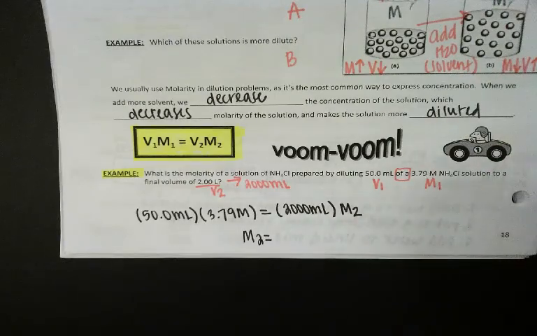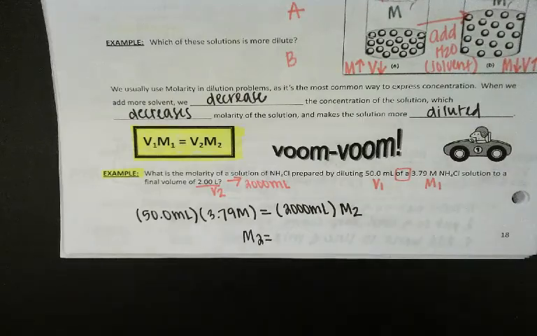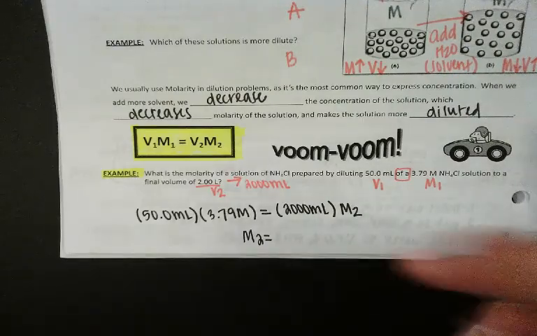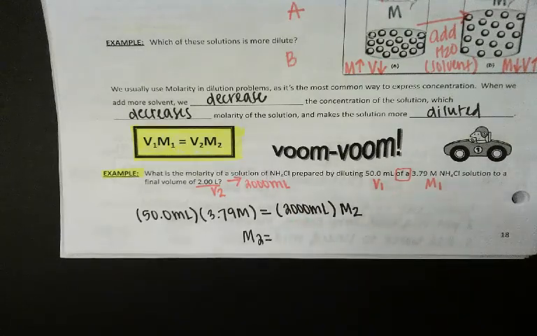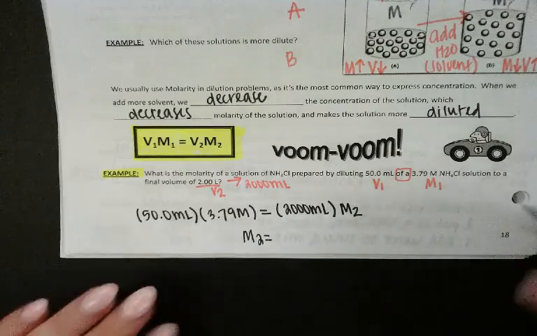So everybody plug that in. And for sig figs for this, we're looking at our givens, not after we've converted it. Okay, so I don't want you thinking that you need one sig fig here. You don't. You need 3 sig figs. Ashley, let me know what you get.